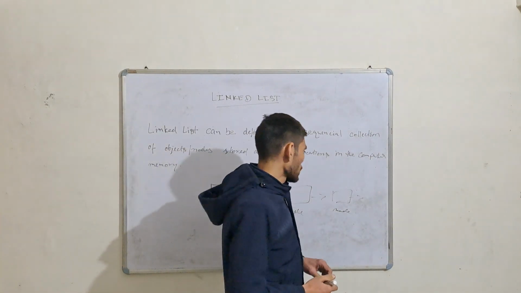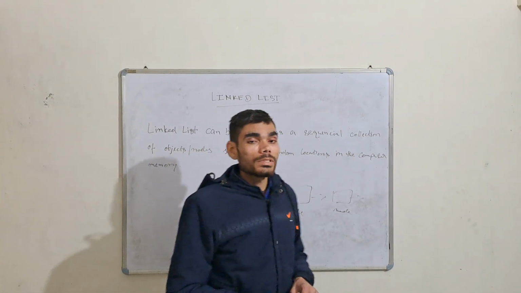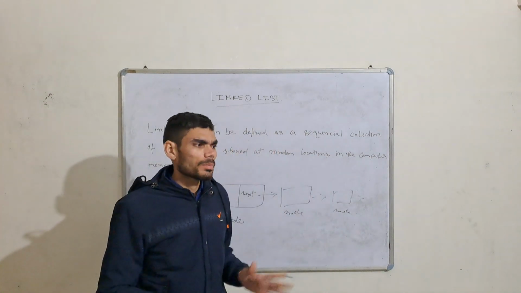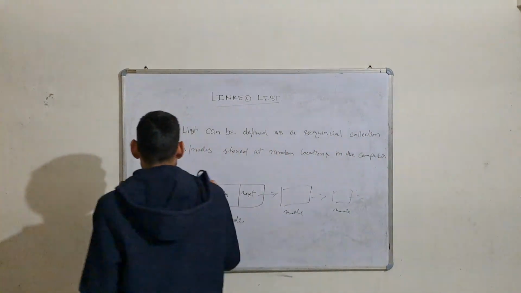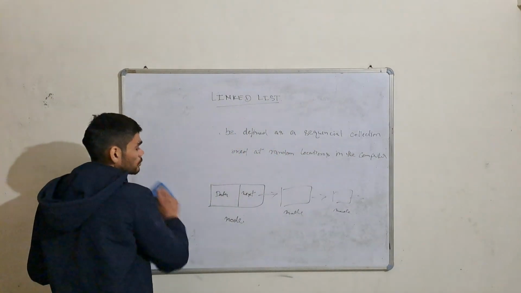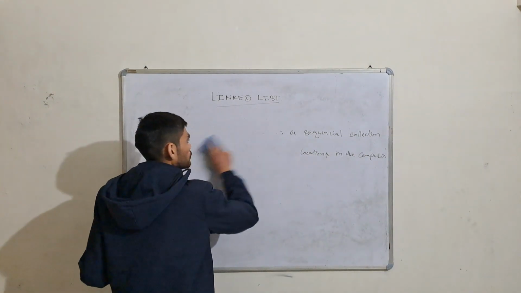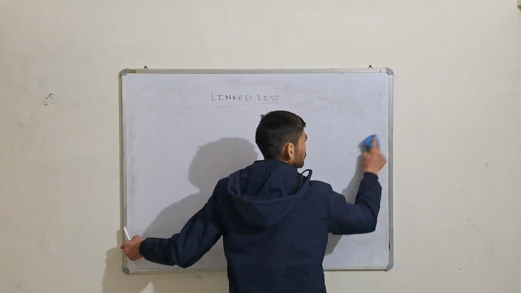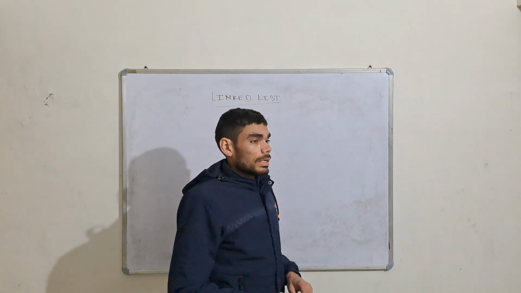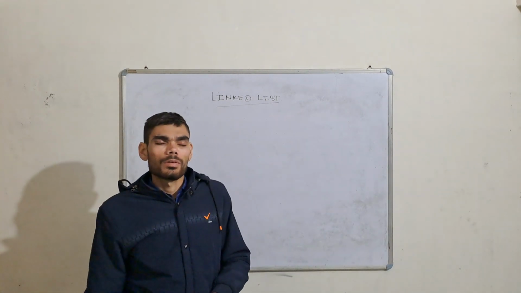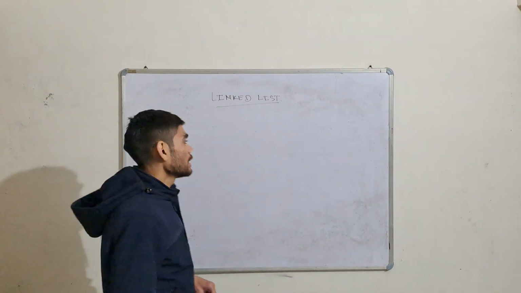So your question will be: why should we use a linked list and what are the benefits of using it? A linked list is the first step in learning data structures because it is the base of any data structure.